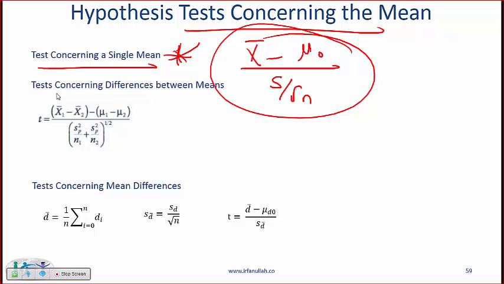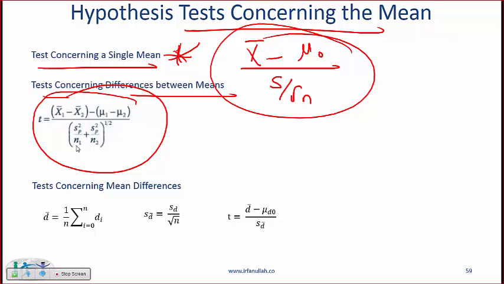You might also have to deal with a test concerning differences between means, and very occasionally this can show up on your exam. So this is the test stat for a situation where you are testing concerning the differences between means. So you have two populations, and if you have a situation where the two populations have the same variance, then you use this formula.